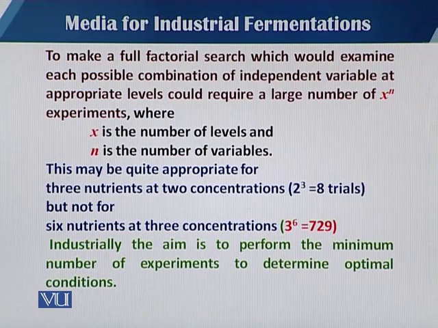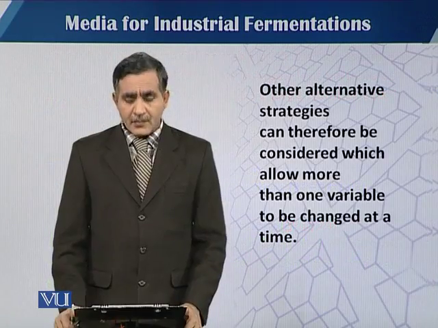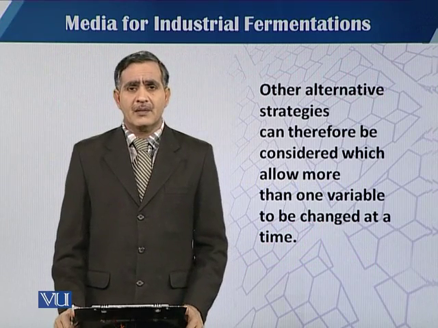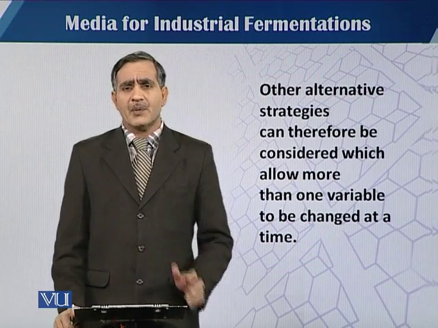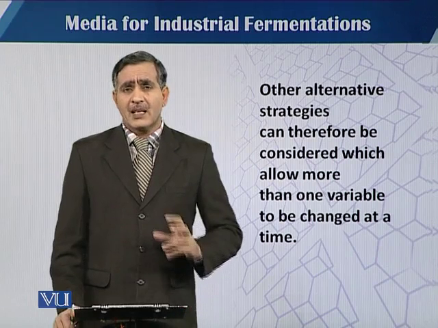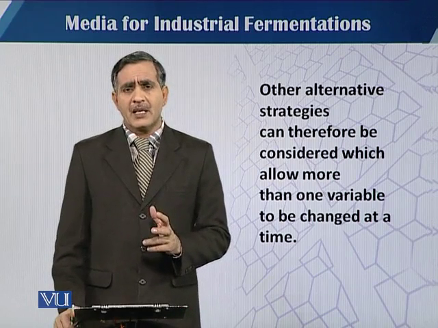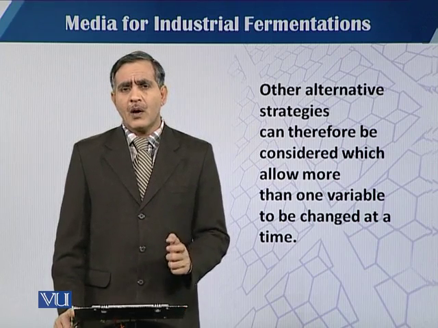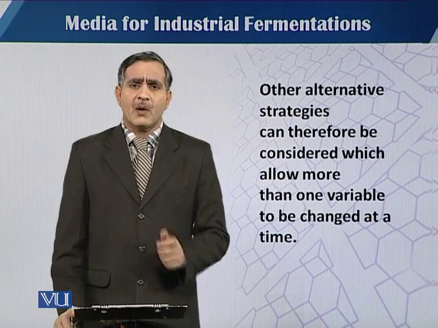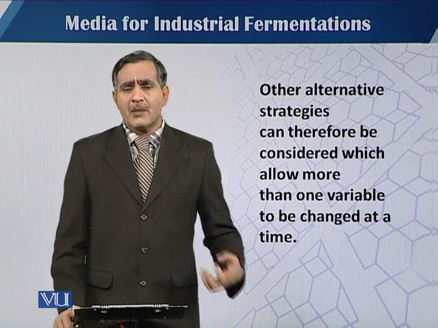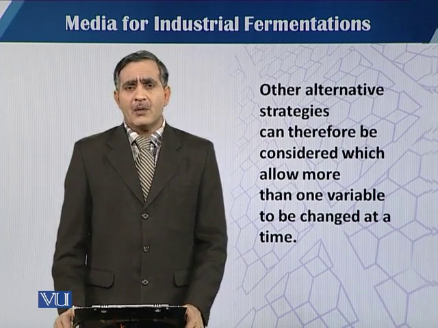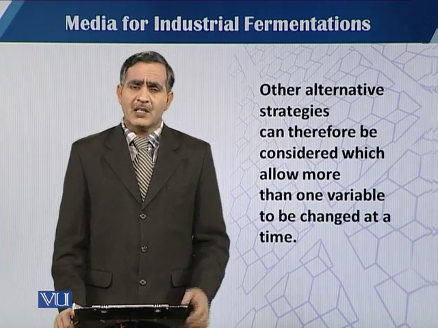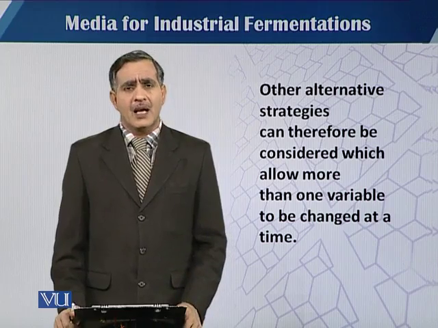There are alternative methods to decrease the number of experiments and avoid the classical approach, because the classical approach is time-consuming and laborious, and involves a huge capital investment. In later modules, we will talk about some modern approaches to media optimization to decrease the number of experiments.